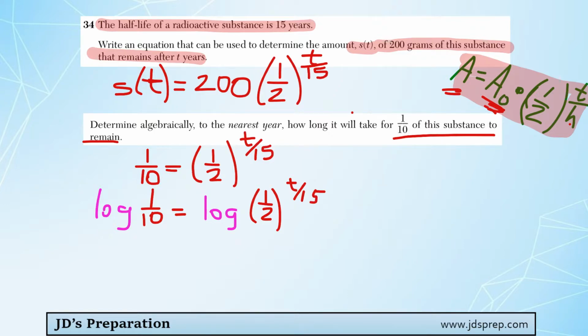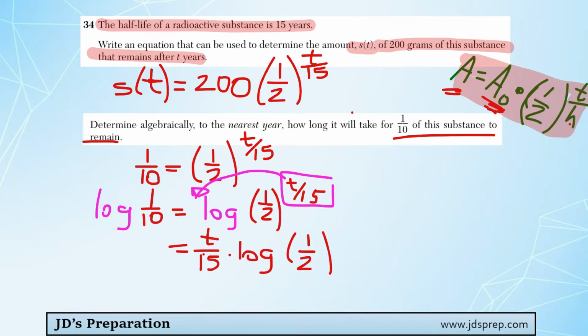Now, because we're dealing with logarithms, we can take this exponent t over 15 and move it to the front. So now it's going to be equal to t over 15 multiplied by log of 1/2. And then on the left side, we've still got that log of 1 over 10.